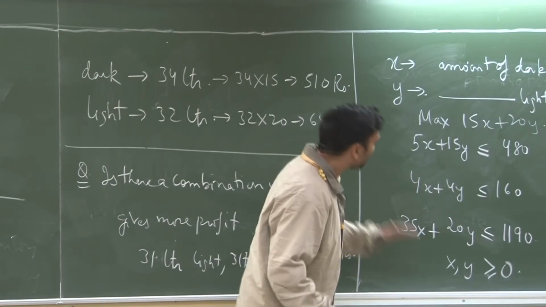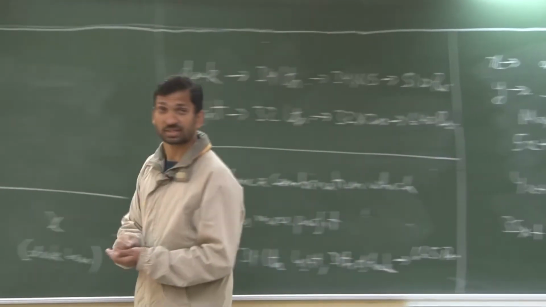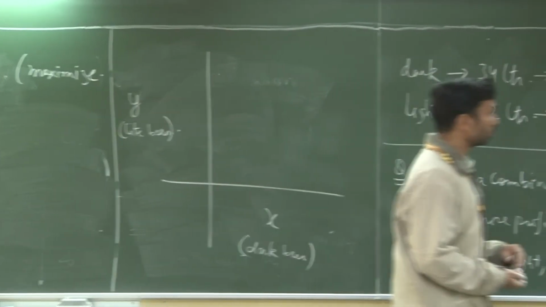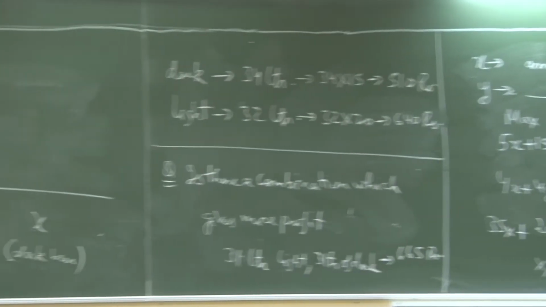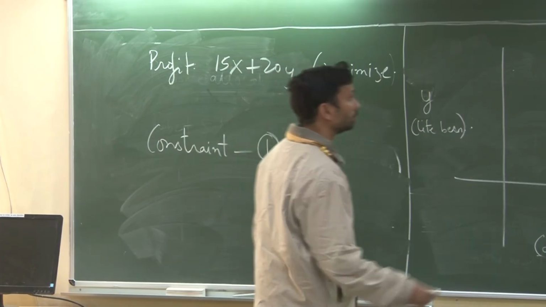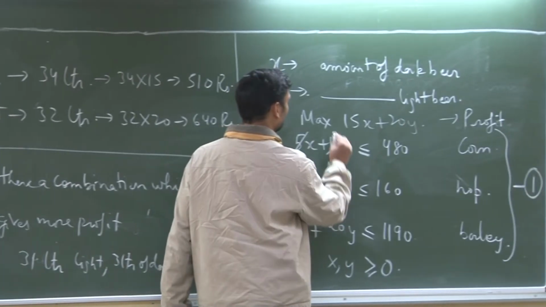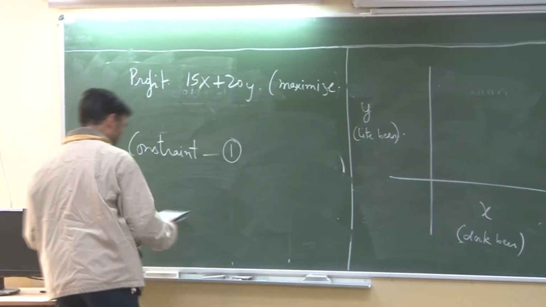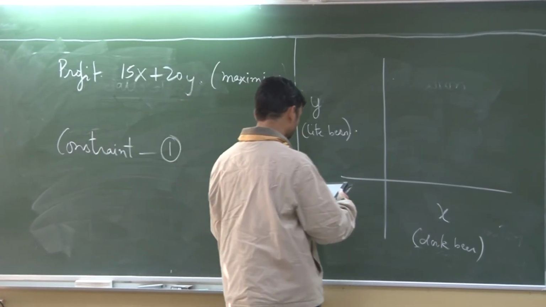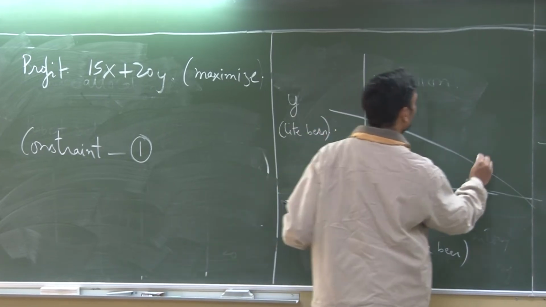So if we concentrate on solving these equations, let's see what this equation looks like on this diagram. We have done this before, we have seen how to draw this equation. The first equation can be simplified to x plus 3y less than or equal to 96. I first draw the line x plus 3y equal to 96.